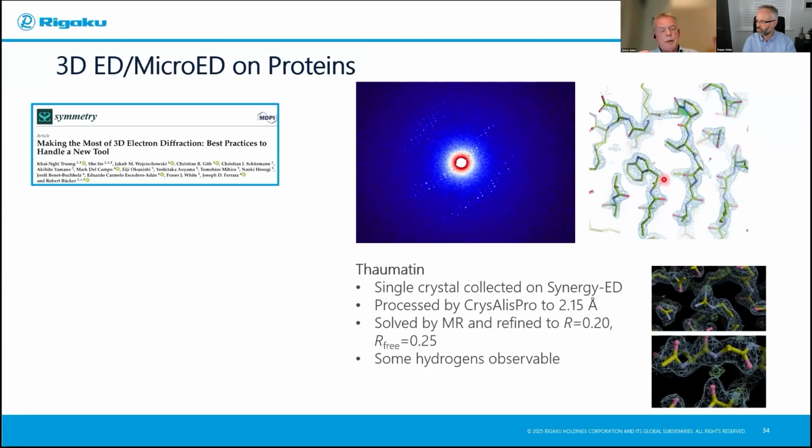Now, proteins are pretty big things. And so the unit cells that form in the crystal structures have huge lattice parameters. And this has basically two effects. One is we get a lot of diffraction peaks that sit right on top of each other, and a lot of diffraction peaks at low angles. So to help us observe that and characterize the data, one of the really beautiful things about the electron diffractometer is that the detector sample distance is a virtual distance.